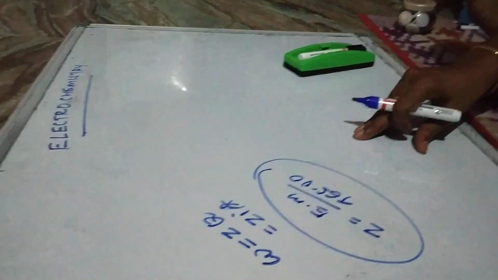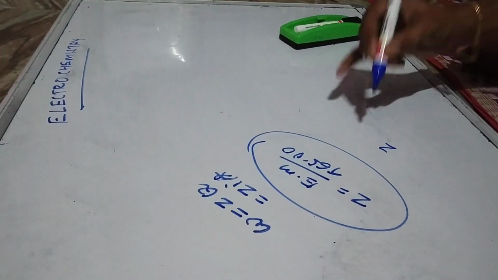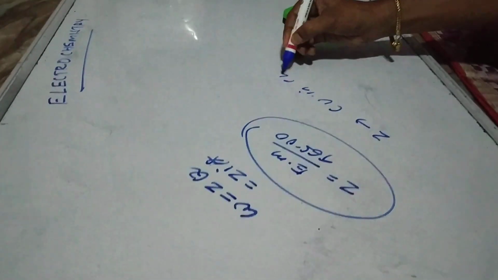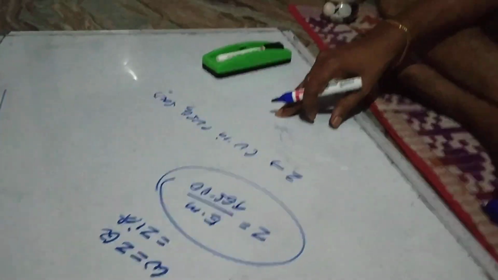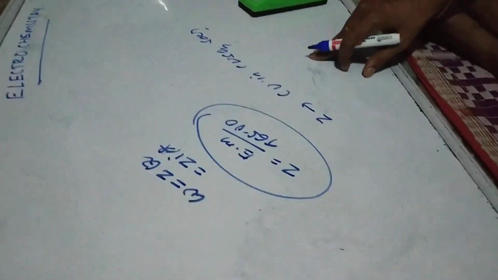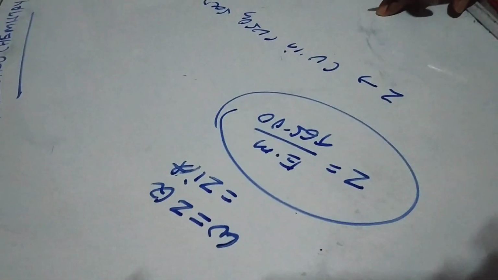Let's say I want to calculate the Z value of copper in copper sulfate solution. So how to calculate the Z value of copper in copper sulfate solution? We know Z is your equivalent mass by 96500.